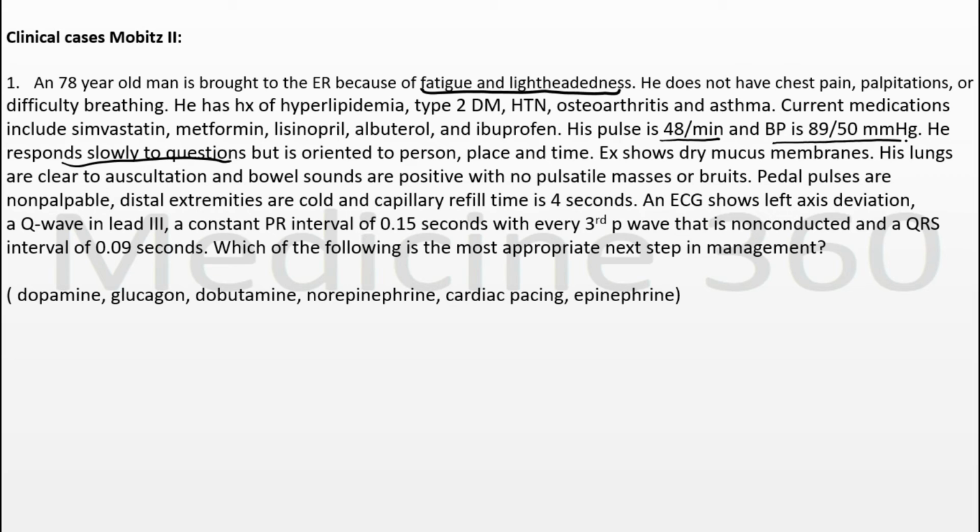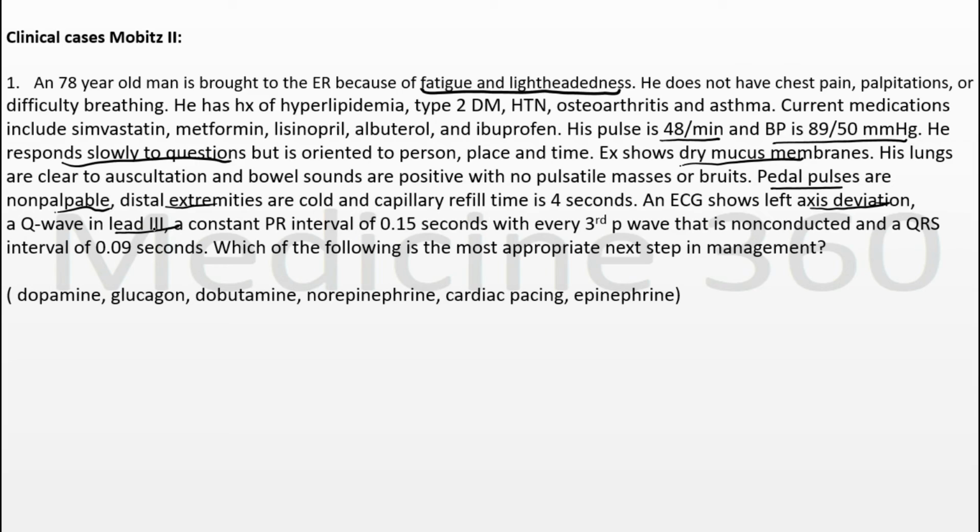Then hypotension. So the patient presented to us with these symptoms, and we say the patient is hemodynamically unstable. And there is also dry mucous membrane, increased capillary fill time and non-palpable pulses in the extremities showing hypotension and hypoperfusion. And in the ECG there is left axis deviation and Q wave in lead 3.